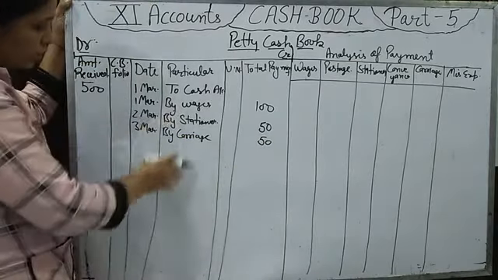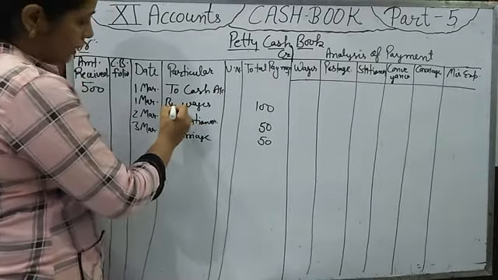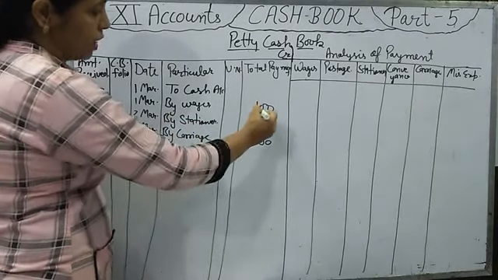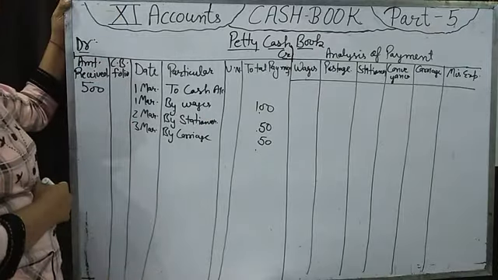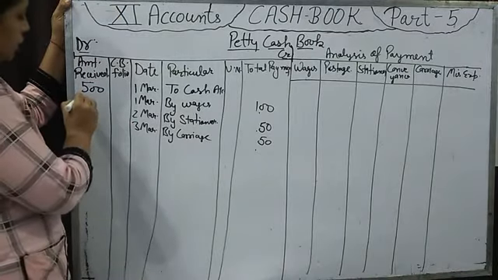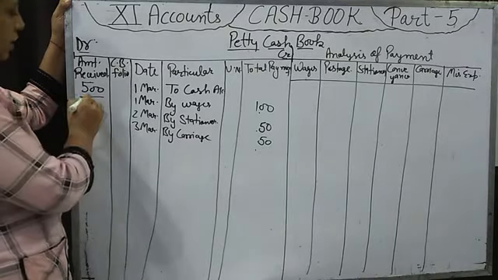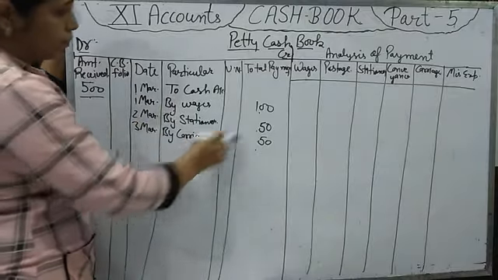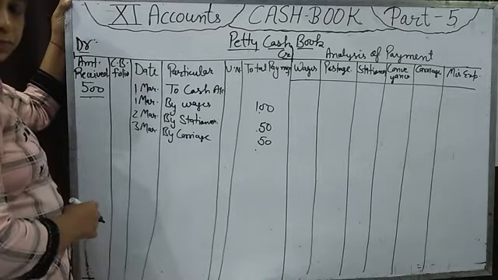Like this, all the payments will be recorded in only one column, and the amount will be written in the total payment column. In the receipt column, only one amount is recorded, on the first date of every month. After that, all the payments are recorded in the payment column.